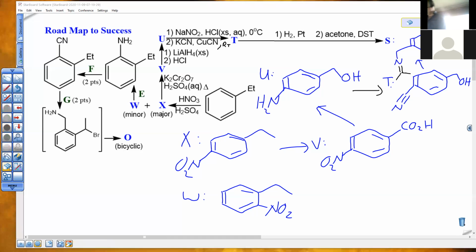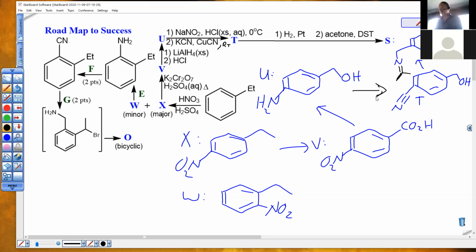And now my T is in the way. You got that. And this was molecule T right here. And save. So yeah, good stuff. Using the old stuff and the new stuff together, huh?